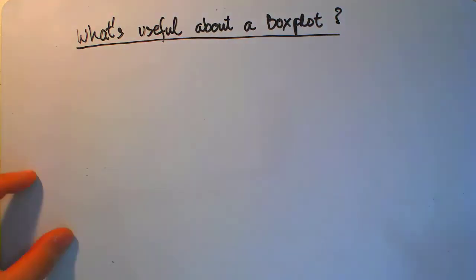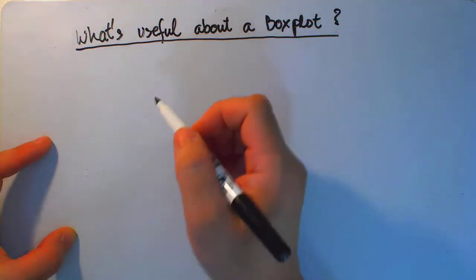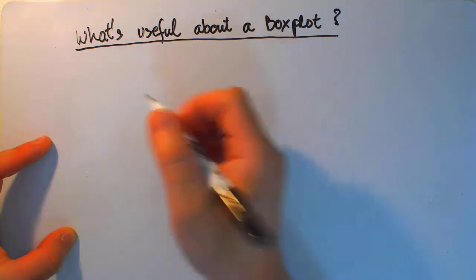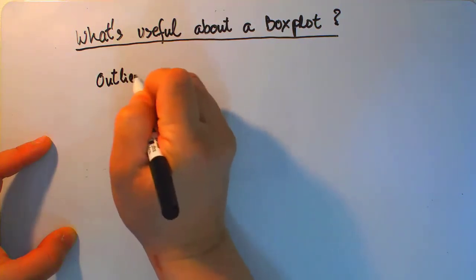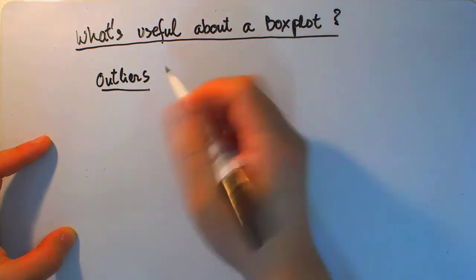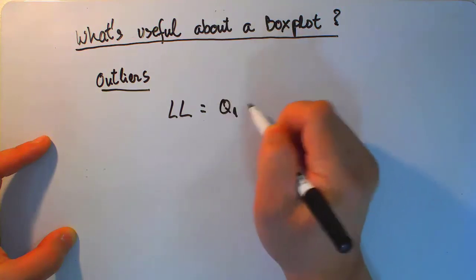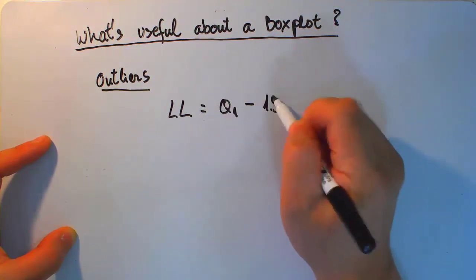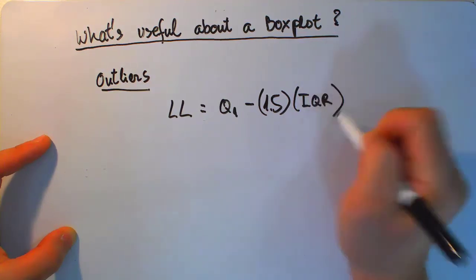We already found a numerical way to find outliers. We can bypass the box plot, and we can still come up with low limits being Q1 minus 1.5 times the IQR.